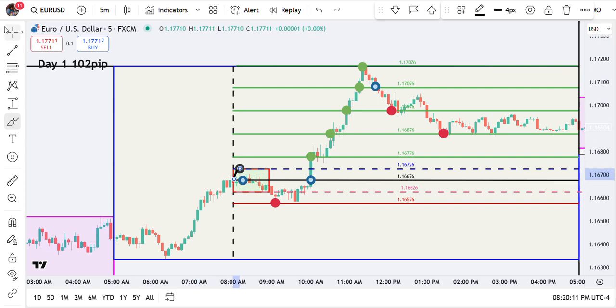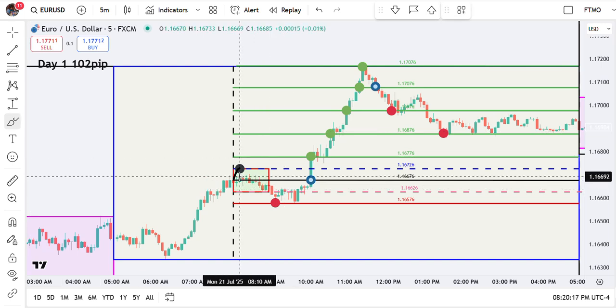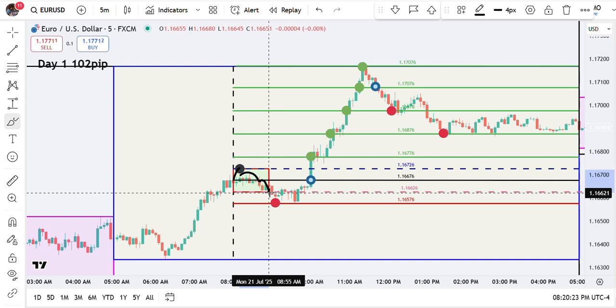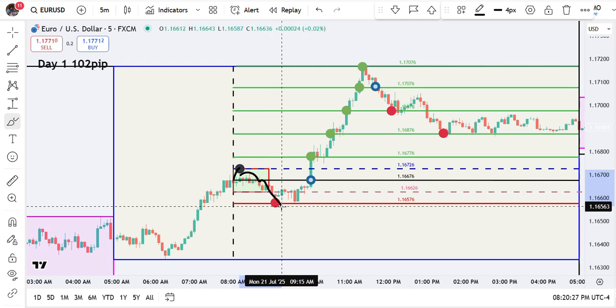I don't need this dot right here. I did that by accident. What actually happened is we ended up going down 5 pips back to the 8 a.m. candle open, going down another 5 pips to where the sell stop was supposed to be, but we deleted it already, and then actually hitting the first bearish main line at negative 15 pips.